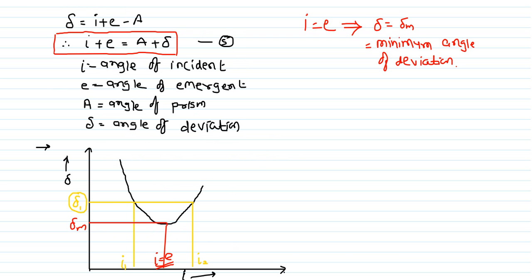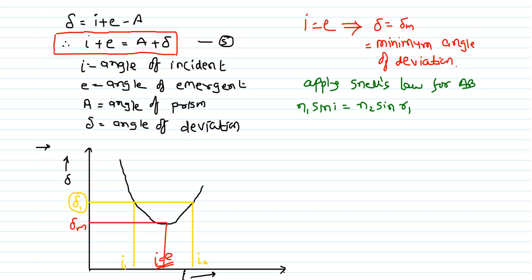At surface AB, apply, for AB surface, that is you can say eta 1 sin I is equal to eta 2 sin R1.